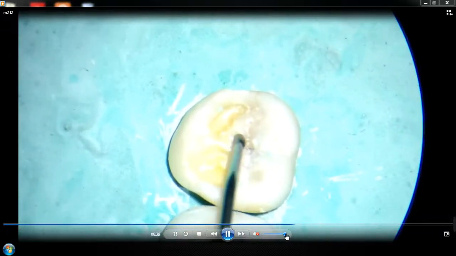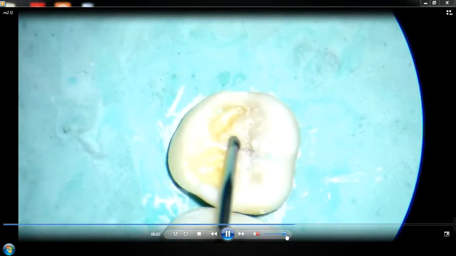I am just showing on the occlusal table of a mandibular tooth where to start your access cavity preparation from.